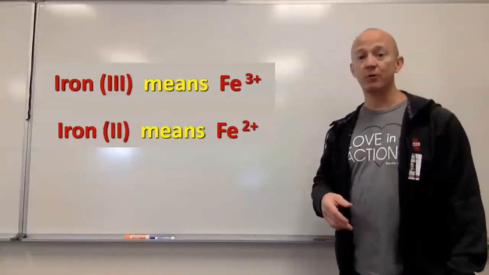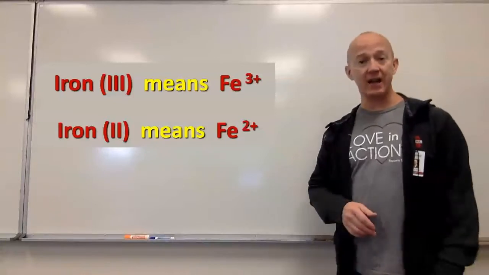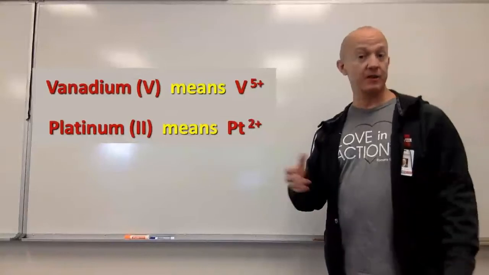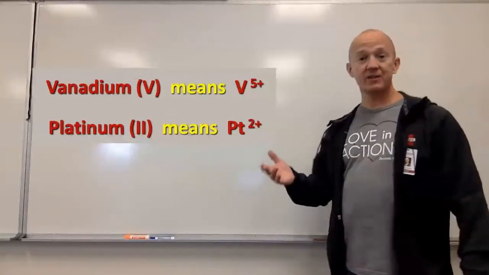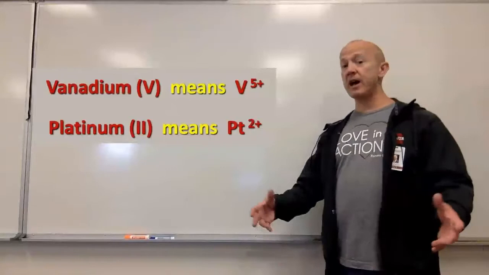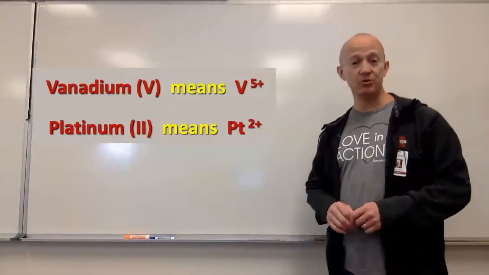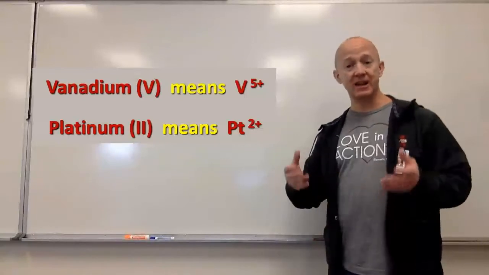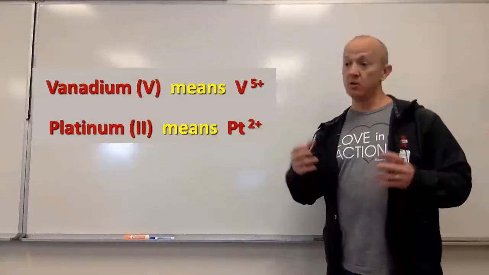Iron 2, therefore, is the iron ion that has a +2 charge. Vanadium 5, yes, no kidding, vanadium 5. Vanadium 5 has a +5 charge, and platinum 2 has a +2 charge. You get the idea. We simply use the Roman numeral to designate which charge we're talking about, which metal ion we're using.